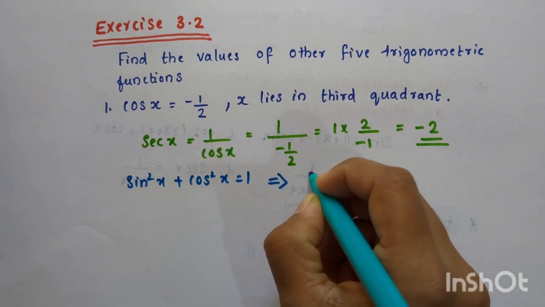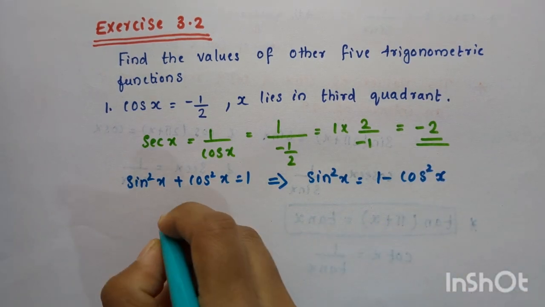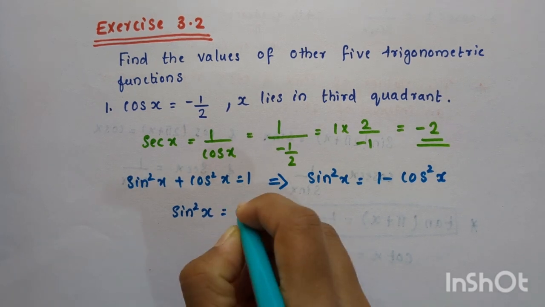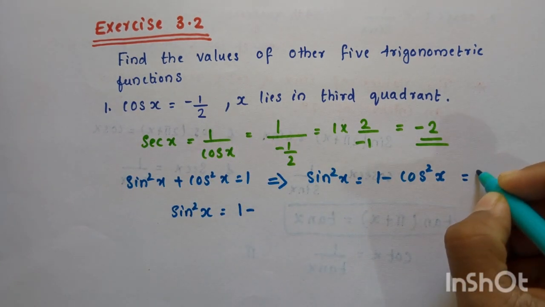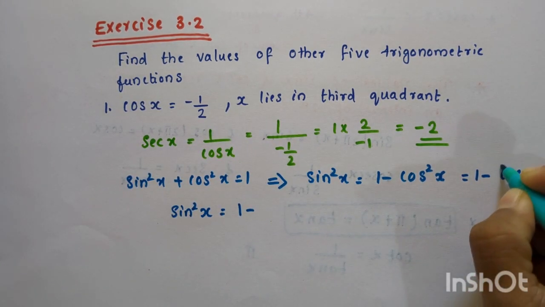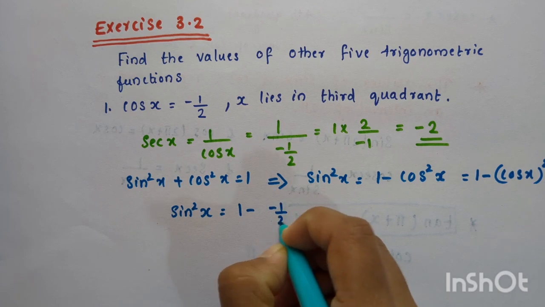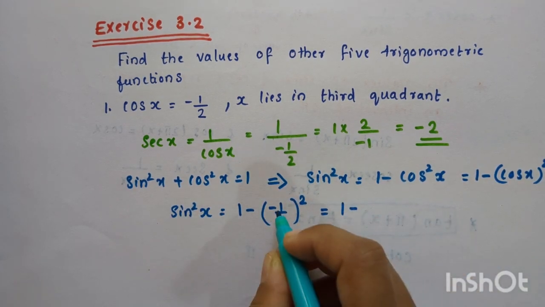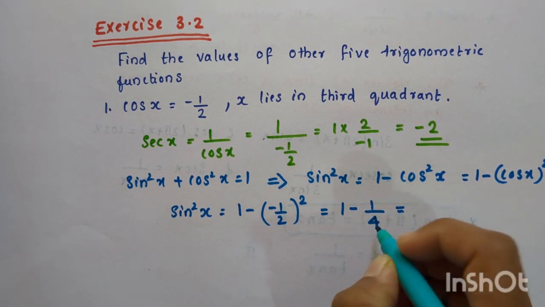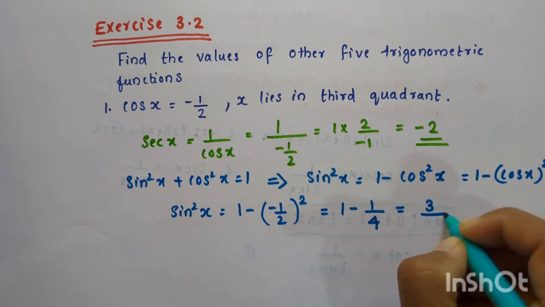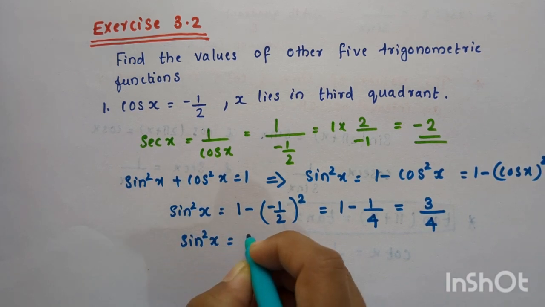From this we can write sin²x = 1 - cos²x. Here cos x is -1/2, so sin²x = 1 - (-1/2)². The square of -1/2 is 1/4, so sin²x = 1 - 1/4. Cross multiplying, 4 minus 1 is 3, divided by 4. So sin²x = 3/4.